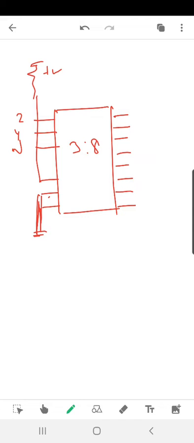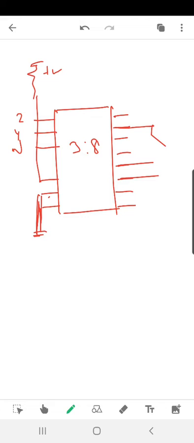Now the outputs which were required from this IC were 1, 4 and 5. So we will consider Y1, then Y4, and then Y5.